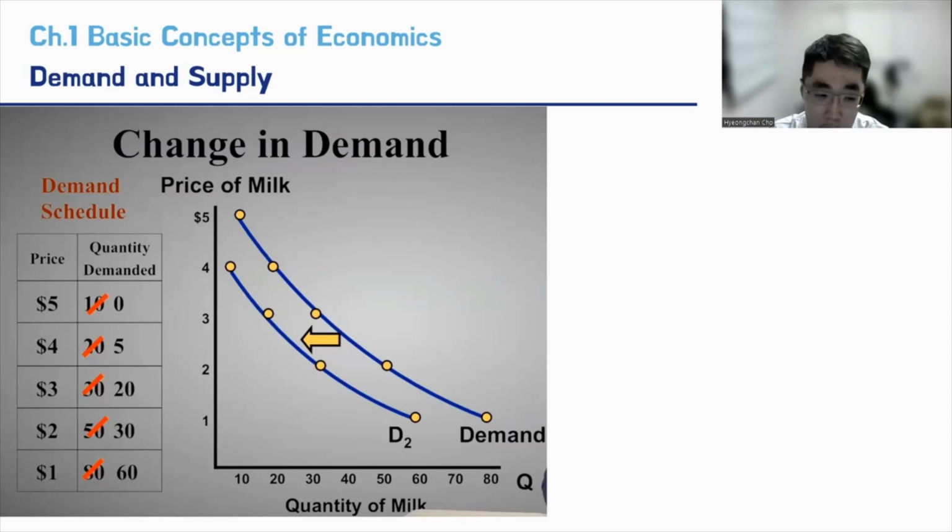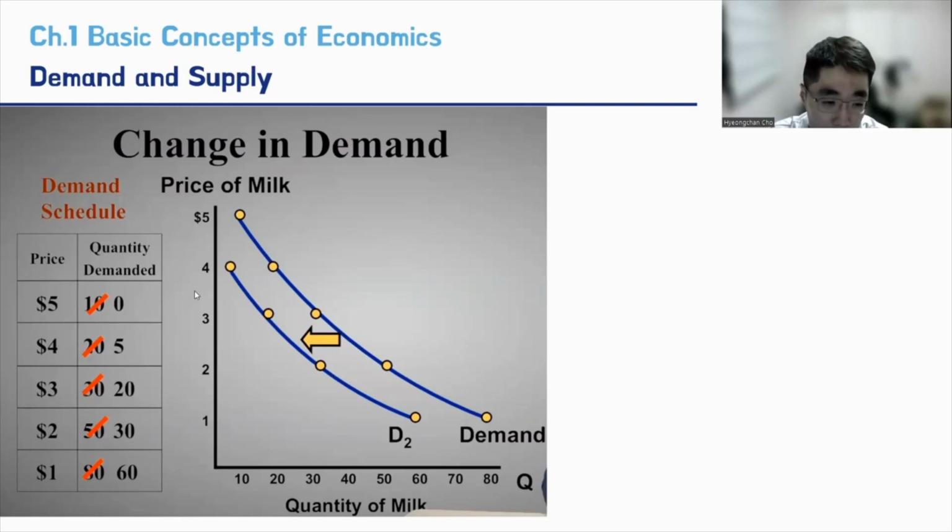So there's no combination in this chart because there is no 0 here. And at price 4, people wanted 20 milks before, but now people want only 5.